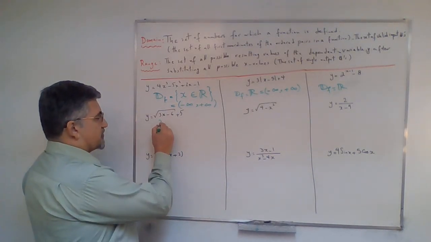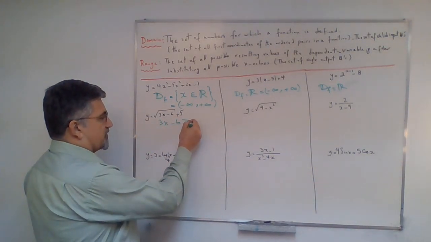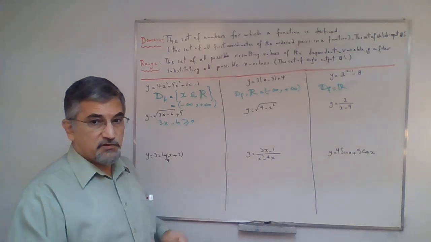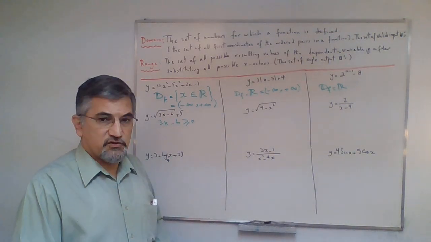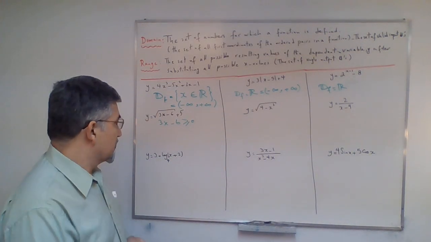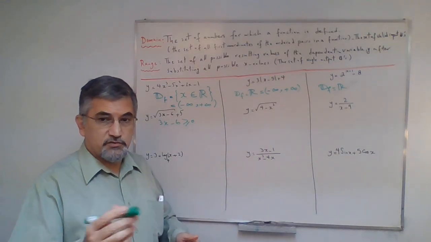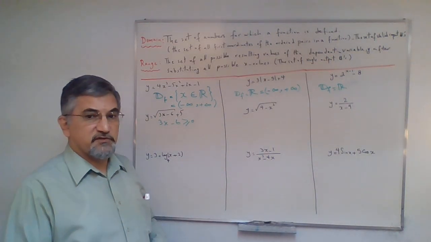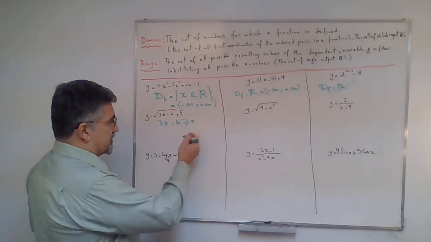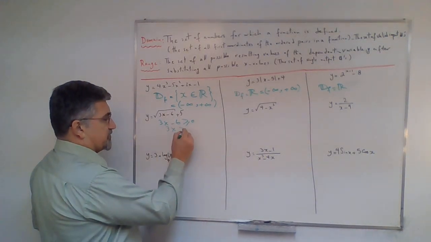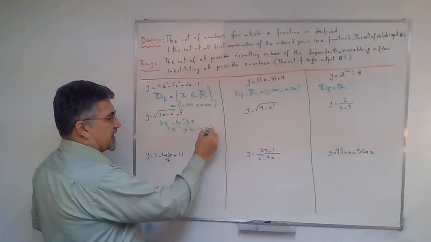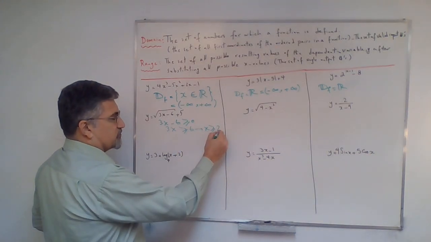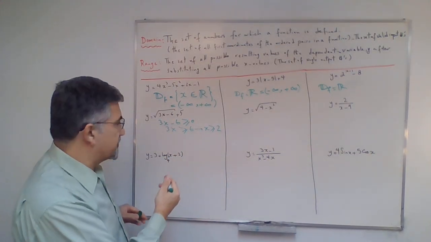This means that 3x minus 6 has to be greater than or equal to 0. This is a restriction involved because nobody can take the square root of a negative number. Even if you try to use your calculator and find the square root of negative 4, you will see the error message on the display. So this means that 3x has to be greater than or equal to 6. In other words, x has to be greater than or equal to 2 after you divide both sides by 3.